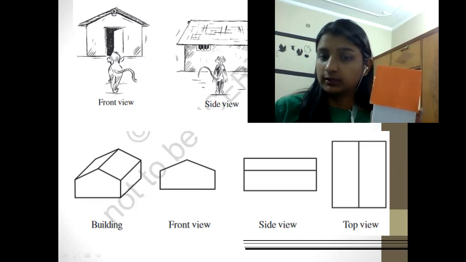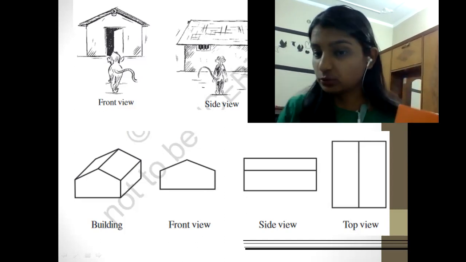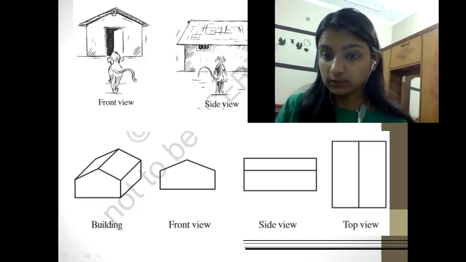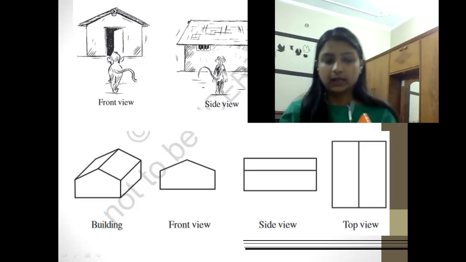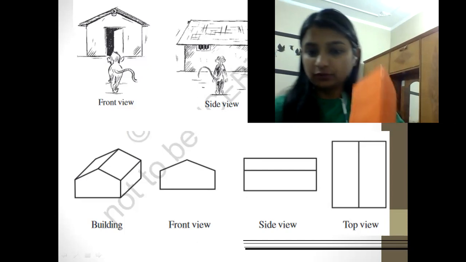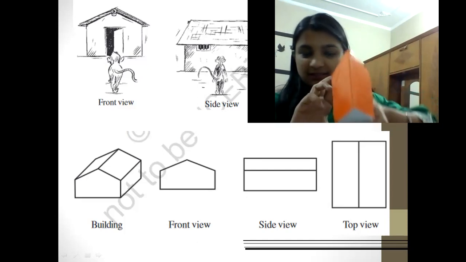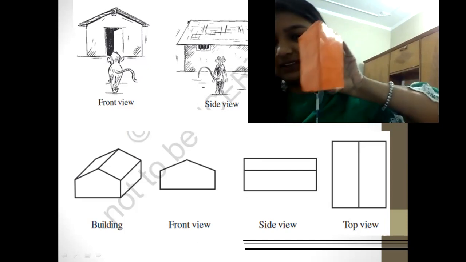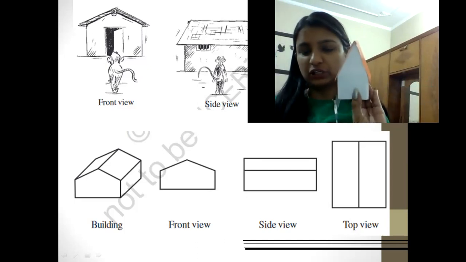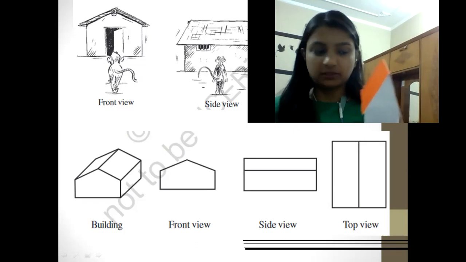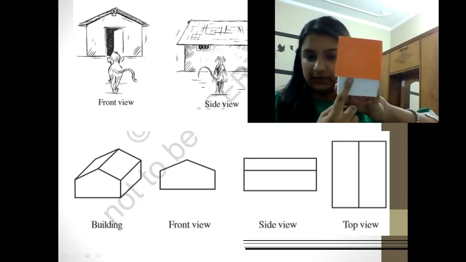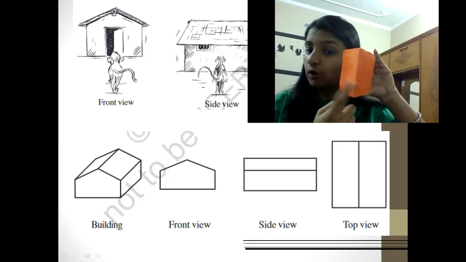The monkey is on the tree and he is looking at the house from the topmost angle. What would the topmost angle be? It would be somewhat like this, isn't it? If I'm asking you to calculate these views or angles, it would be front view, side view, and top view.